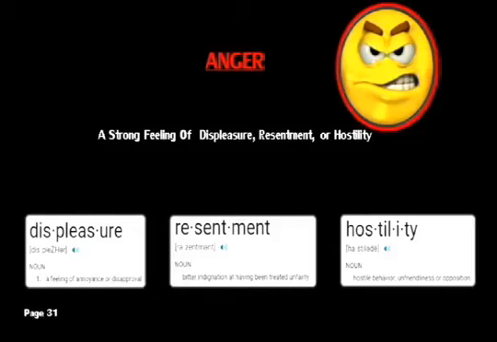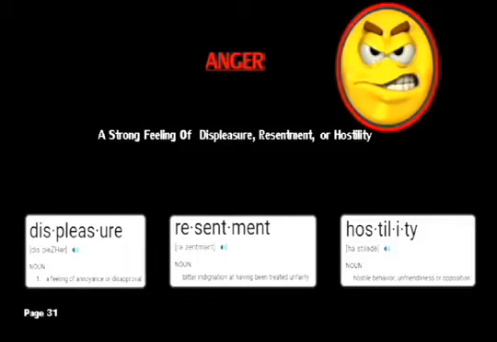Most adults, if you asked them to define displeasure, resentment, or hostility, might not know how. So we can't assume that these young people know these definitions, so we've got to break it down for them. As teachers, we need to be writing these definitions in our manual so we can also pass on to the children what these mean in depth.